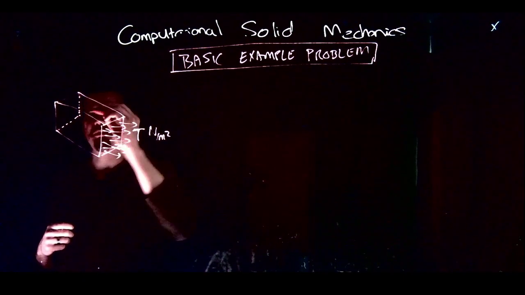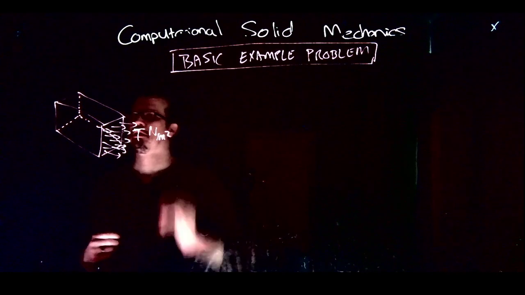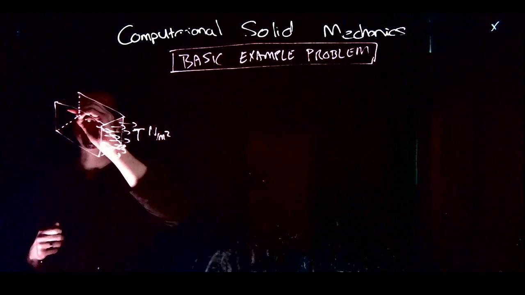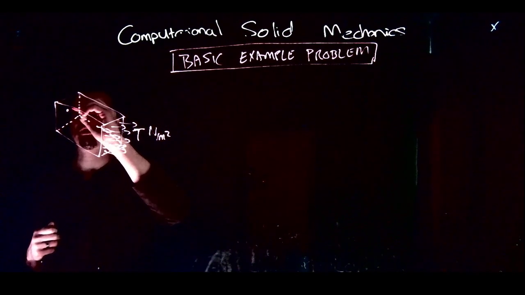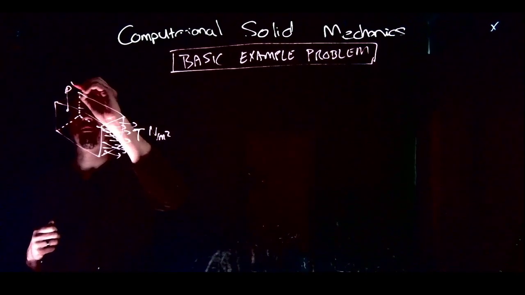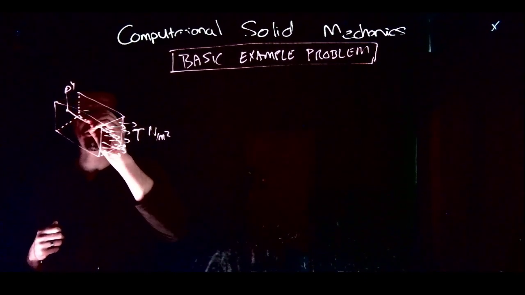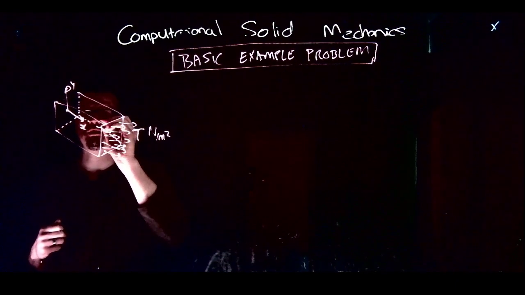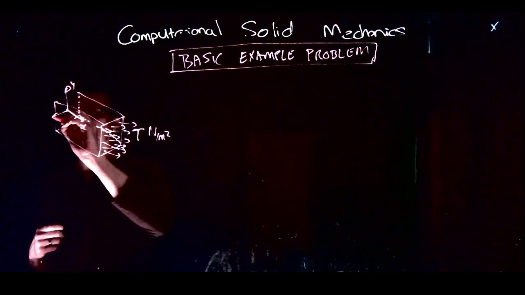Here is essentially my prismatic bar. I'm going to choose my coordinate system such that in this direction I'm in positive y, along the axis I'm in positive x, and in this direction I'm in z.